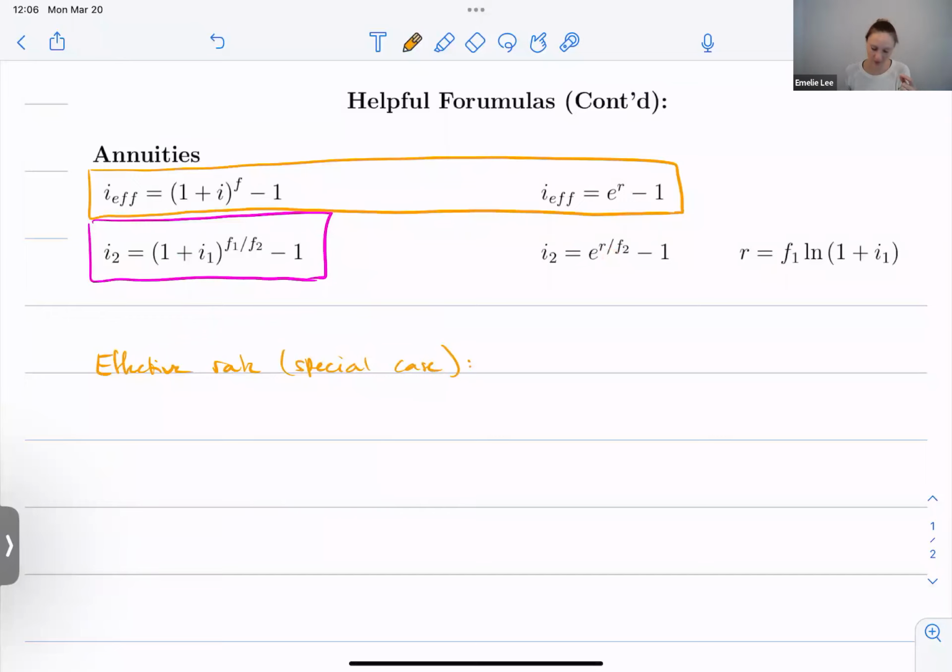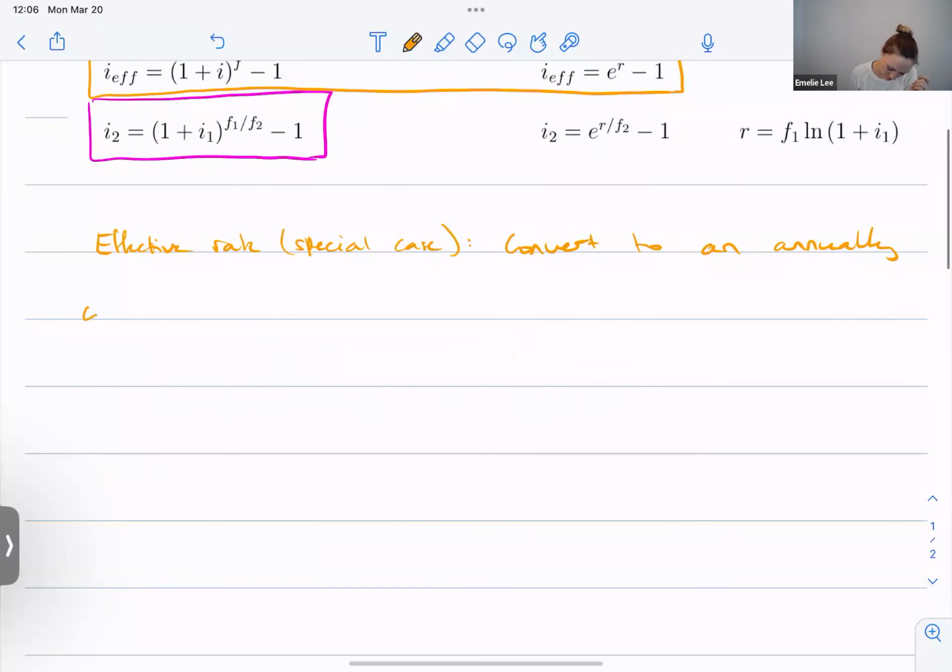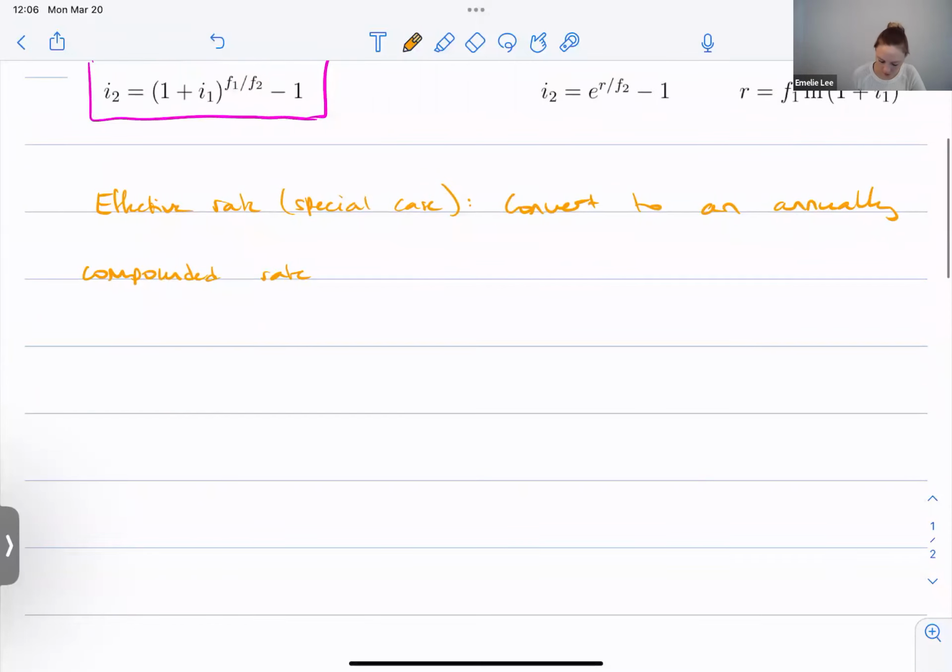But it's the effective rate, so it's a special case where we convert to an annually compounded rate, which means that F2 is 1.